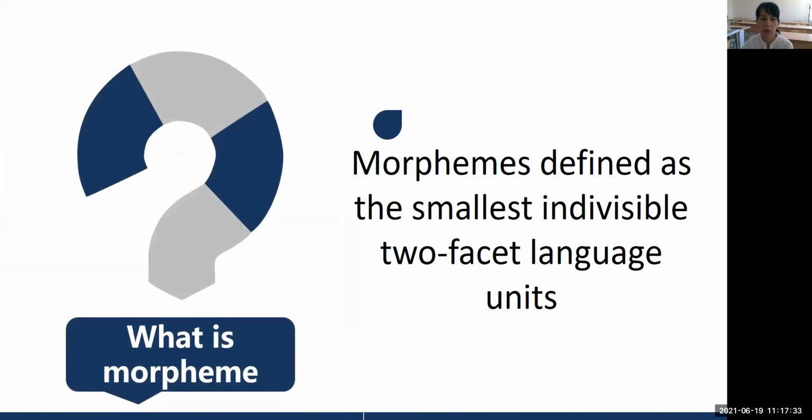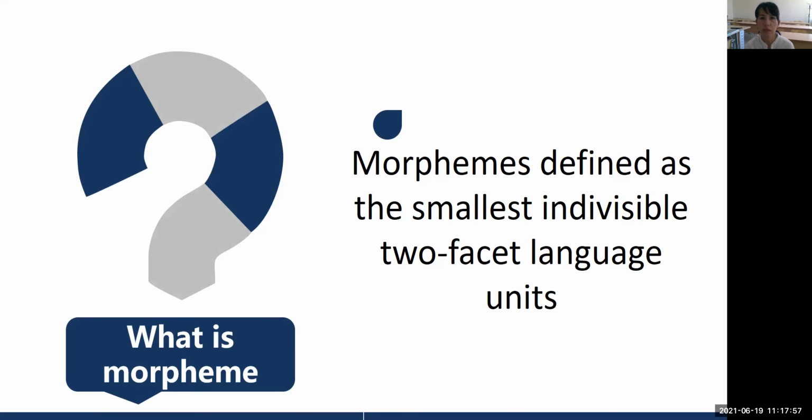First of all, what is a morpheme? Morphemes are defined as the smallest indivisible two-faced language units. Most of the students are confused. What does it mean, two-faced language units? As you see, students, morphemes can be meaningful and meaningless.